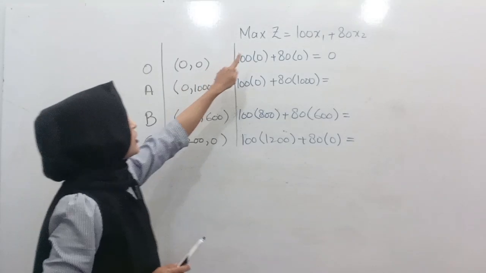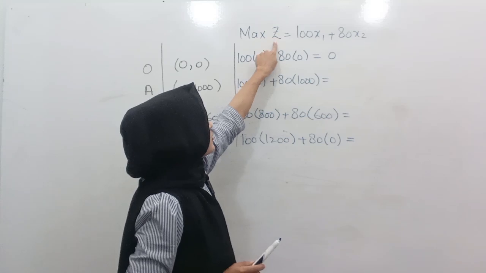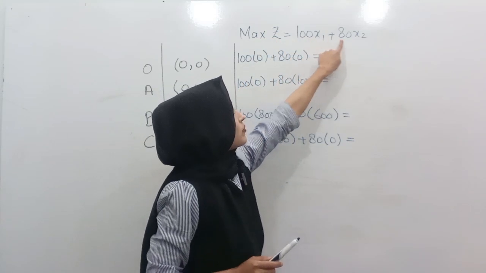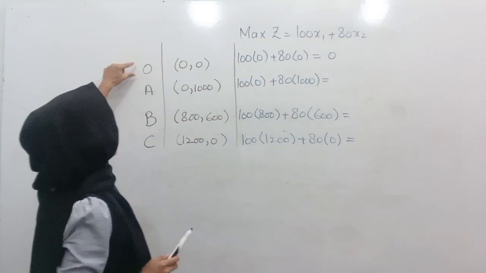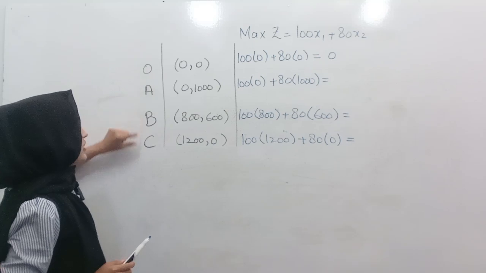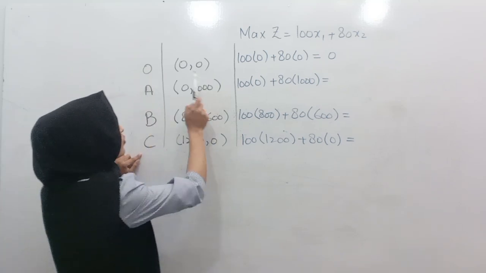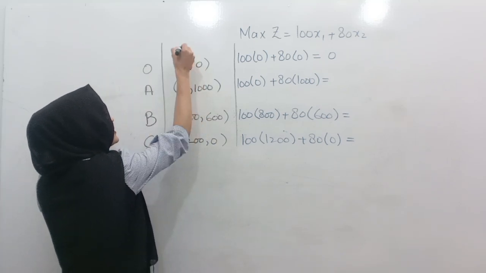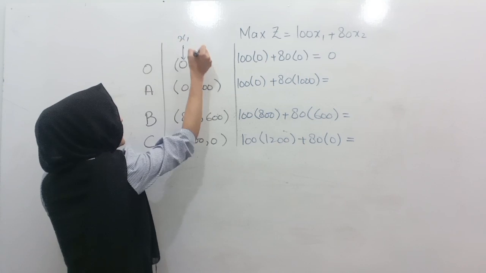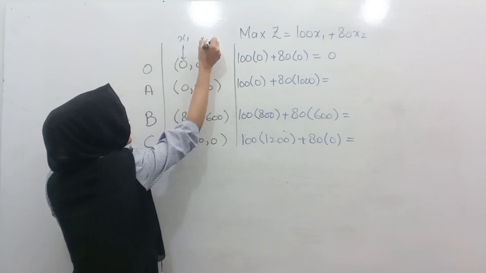The objective function was maximum of z equals 100 x1 plus 80 x2 and the points were O, A, B, C.